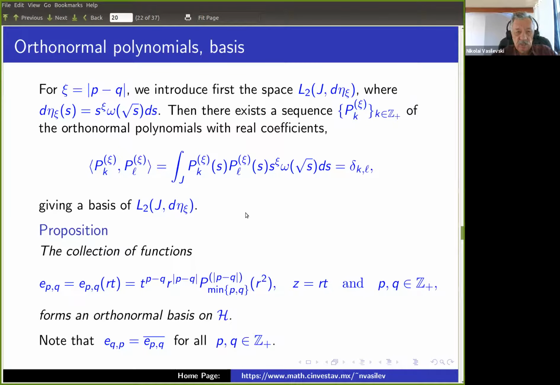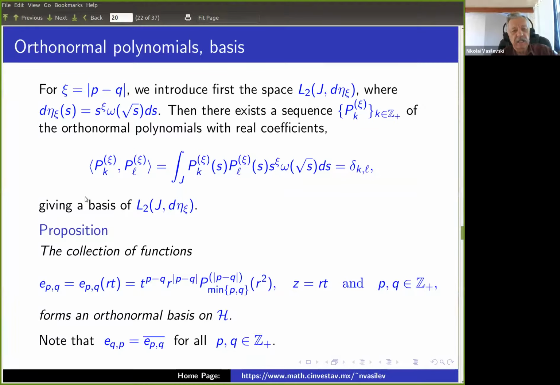Based on these orthogonal polynomials, the proposition says that this collection of functions is the orthonormal basis in our Hilbert space H. So if you would like to construct the orthonormal basis in our Hilbert space H, what we need to do is use the series of orthogonal polynomials and construct the set of orthogonal polynomials.